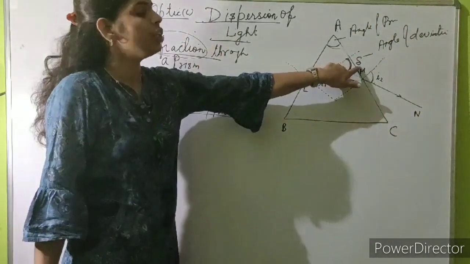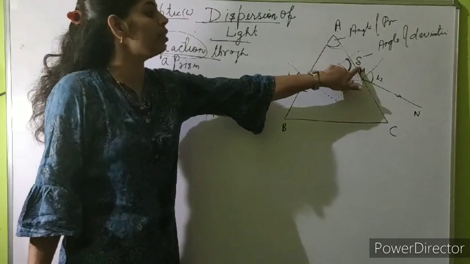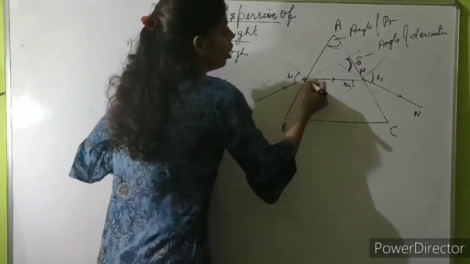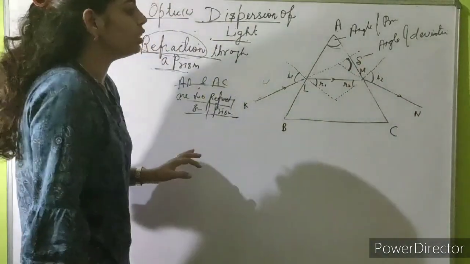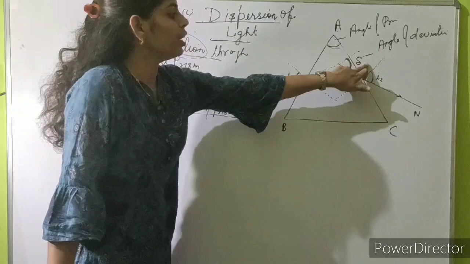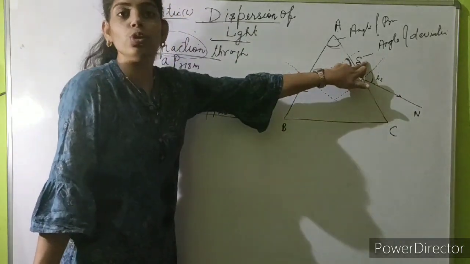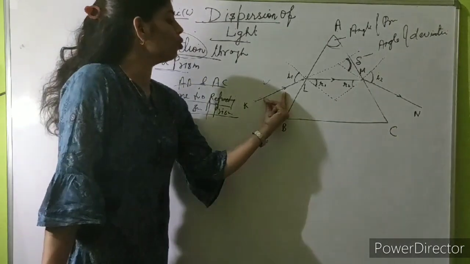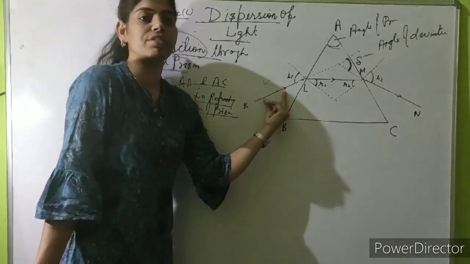What is the angle of deviation? It is the angle between the original path of the incident ray and this ray. So the angle of deviation is that angle through which the original path of the incident ray has been deviated.